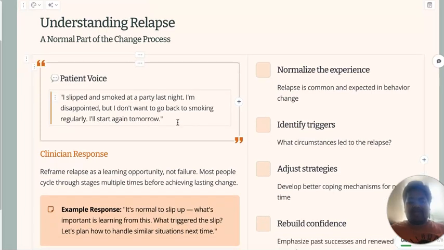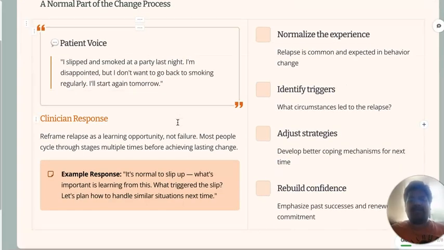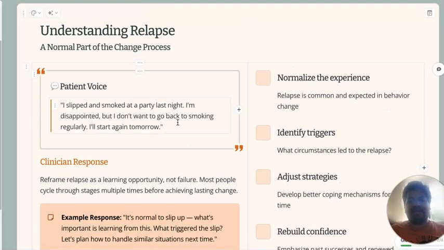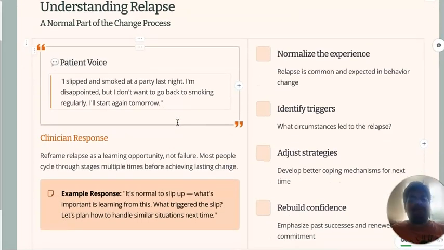Now when the patient says this, you have to understand that he is at risk of going back to the relapse phase. So you have to reframe and prevent the patient from going into the relapse phase, and you also have to understand that relapse is always a normal experience. Most people go through the relapse phase, and it's expected in behavioral change.